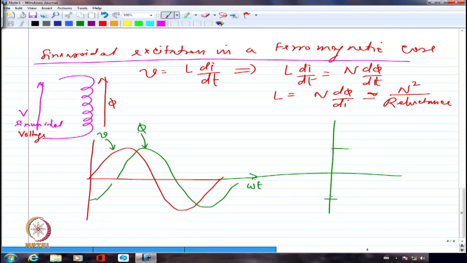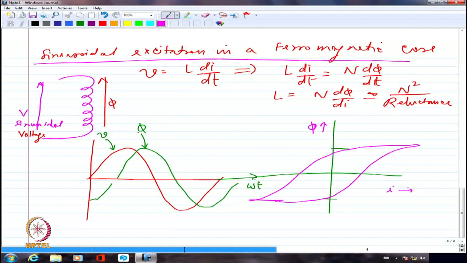So I should draw it like this, something like this. So this is actually, I can call this flux and this is current, for example. This is how it is going to be.